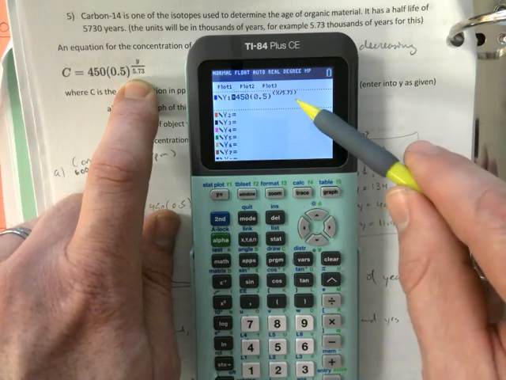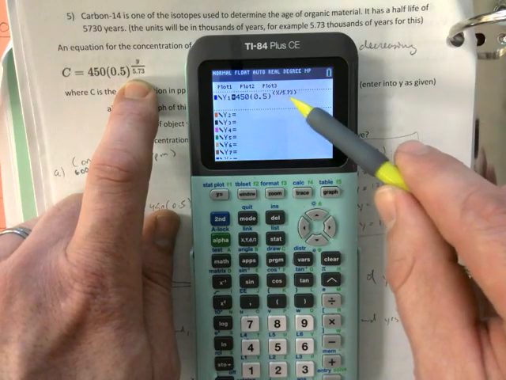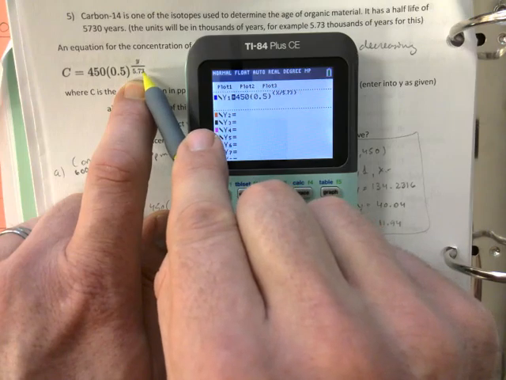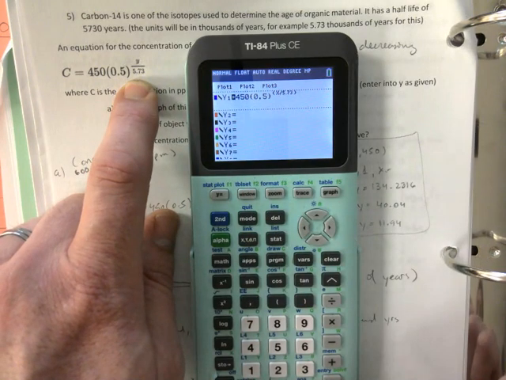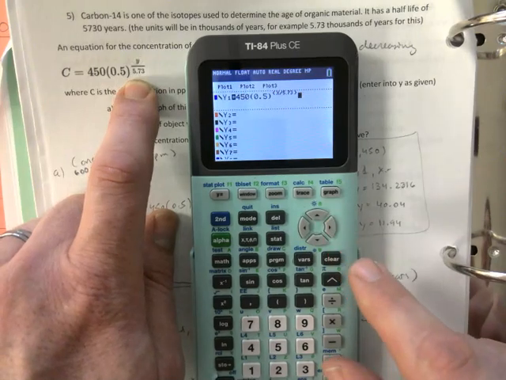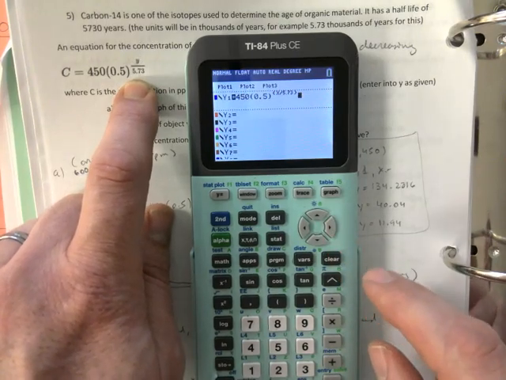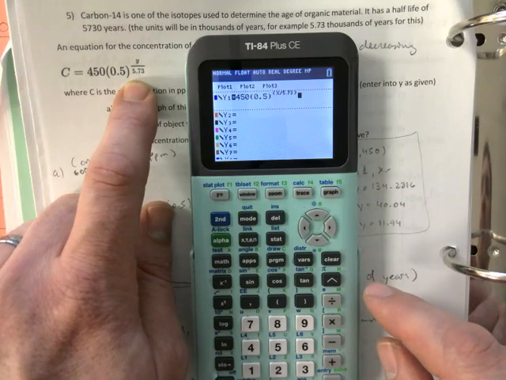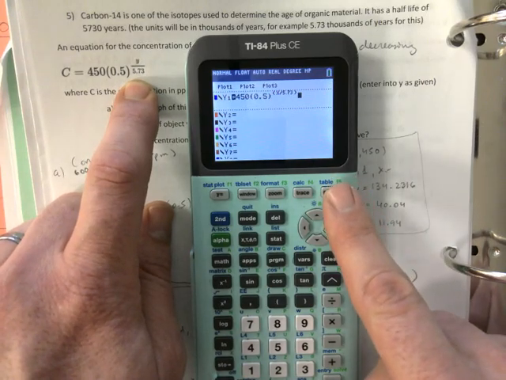Okay, so x divided by 5.73. So that's how you enter that exponent. Don't do that separately because I cannot guarantee you success if you don't have the brackets. Okay, and then I hit graph.